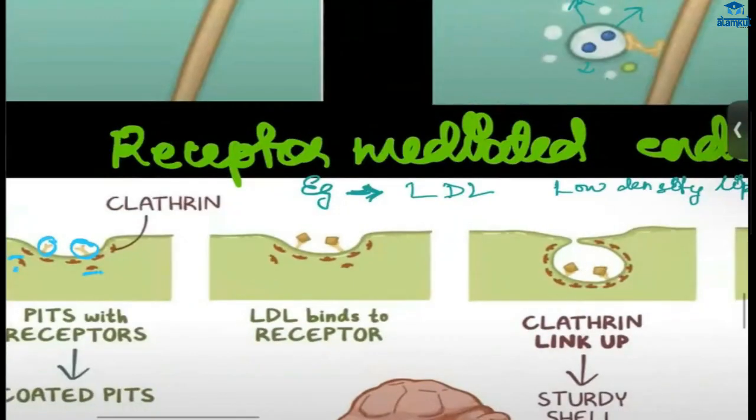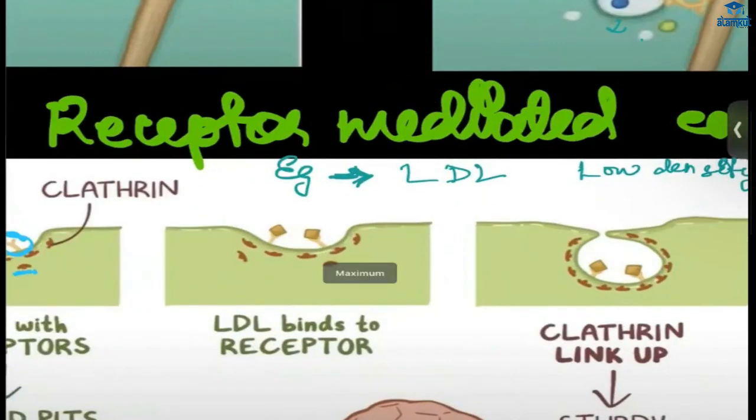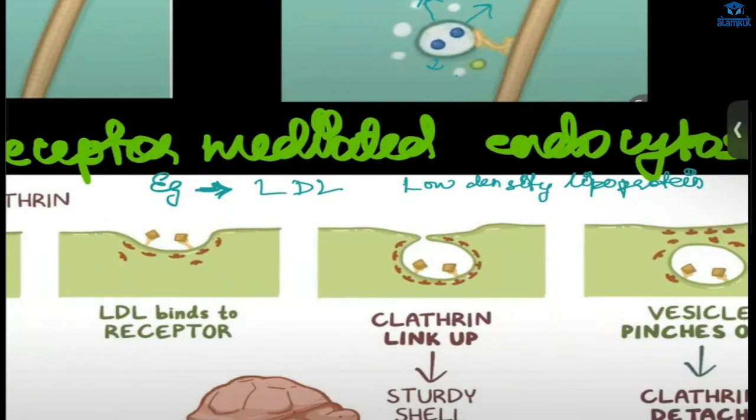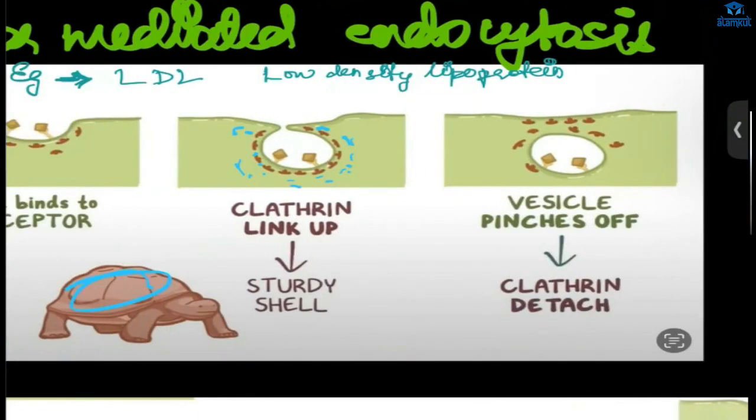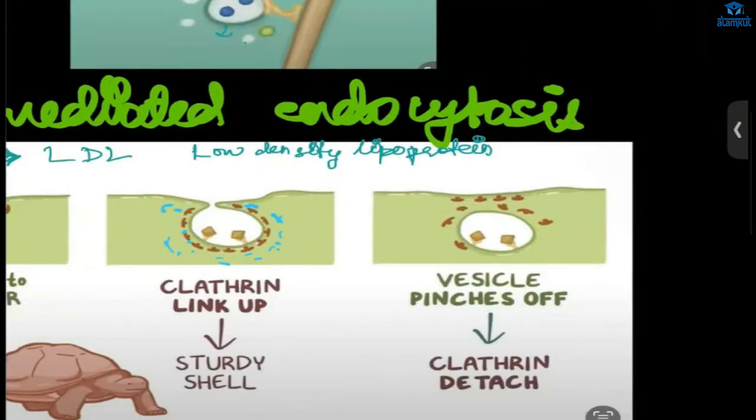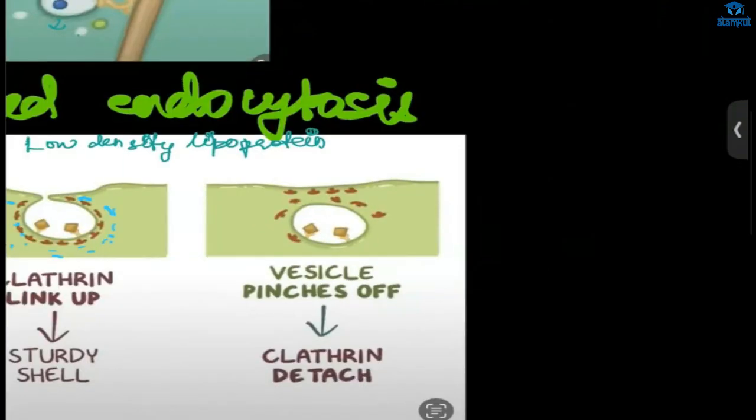LDL will bind to the receptor. And here the clathrin protein will form a cup-shaped structure. Together they will link up and form a shell like a tortoise. After that, the vesicle will be formed.